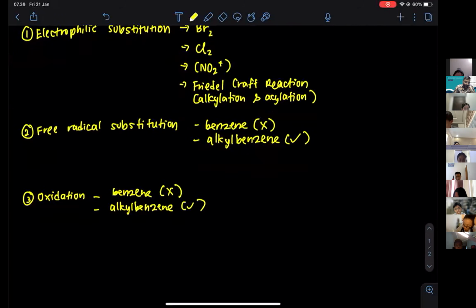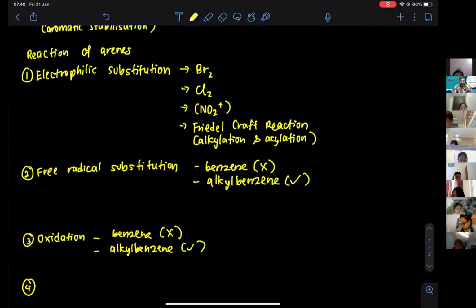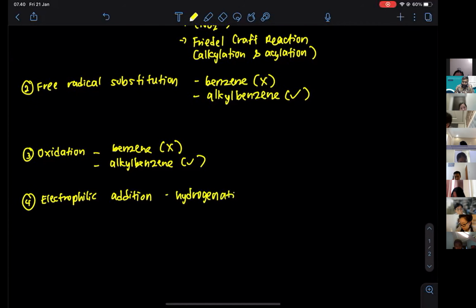And if you go to number 4, apart from electrophilic substitution, free radical substitution and oxidation, the last one is electrophilic addition. The one that is required is hydrogenation. This is the least favored, so it normally must have harsher conditions.